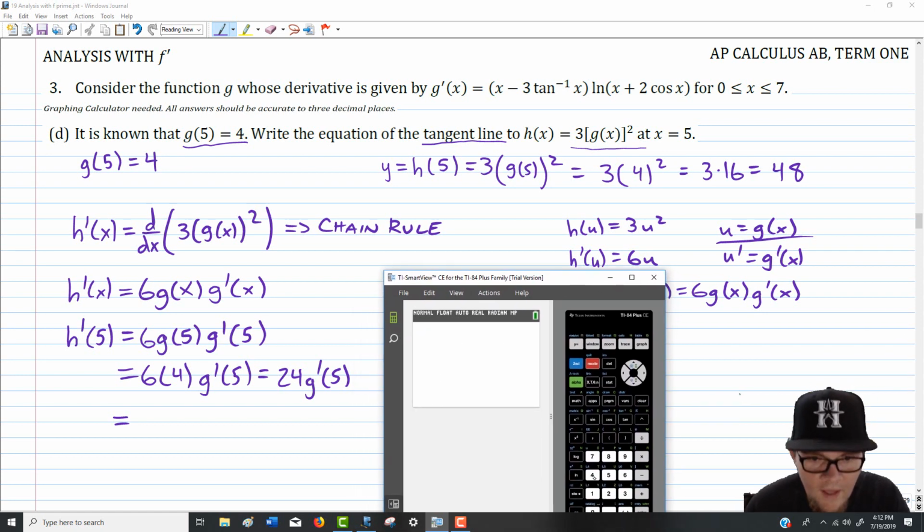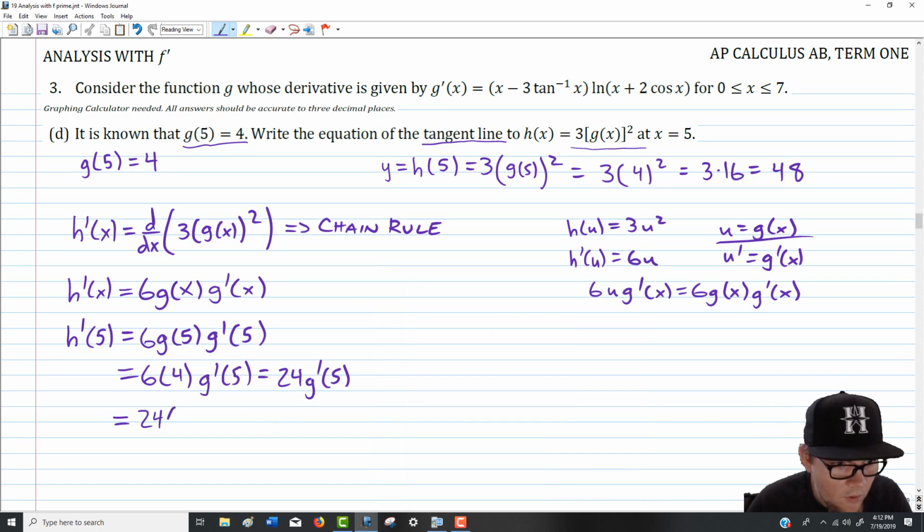So doing exactly that, we can do alpha trace, we'll do y1, and then it'll be of 5. And we'll get that our value for g prime of 5, which in their calculator is called y1 of 5, y sub 1 of 5, is going to be 1.510. So 24 times 1.510.